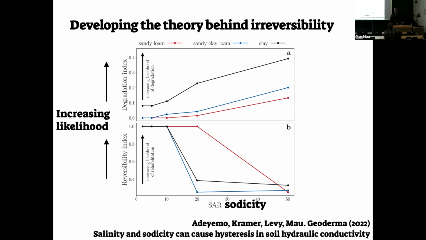And yeah, we don't know enough about how different soils will be irreversible, if irreversible processes will happen. We expect they will, but we don't know how until we measure.